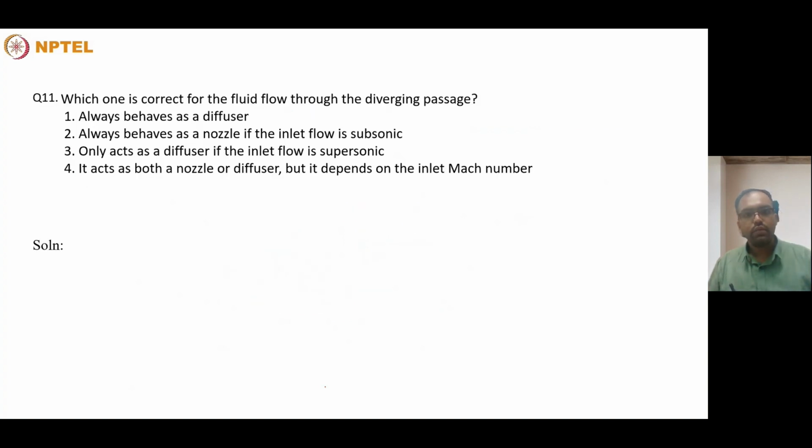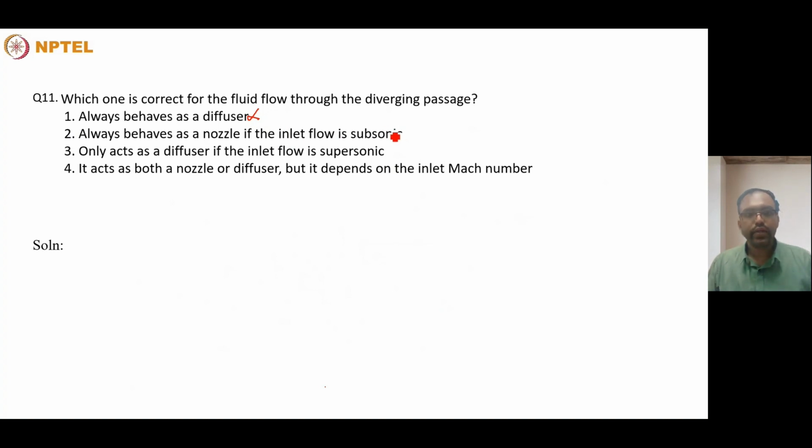Which one is correct for the fluid flow through the diverging passage? Always behaves as a diffuser? No. Depending upon the Mach number, the diverging passage will be acting as a converging or a diverging section. Always behaves as a nozzle if the inlet flow is subsonic?